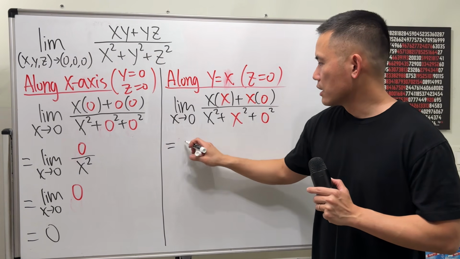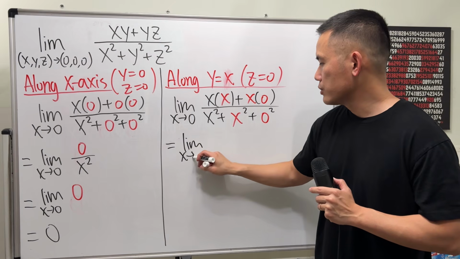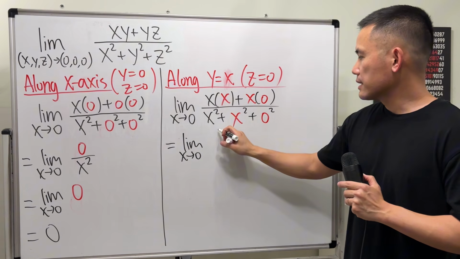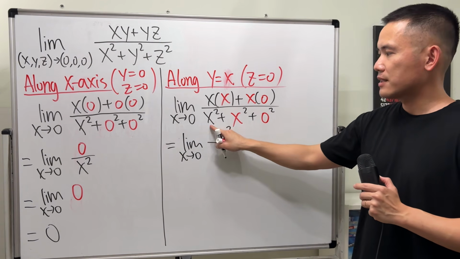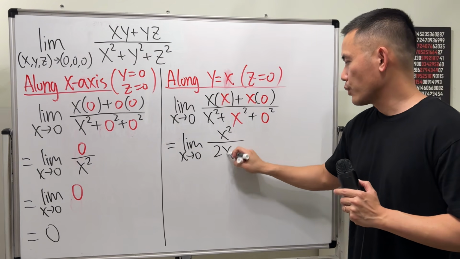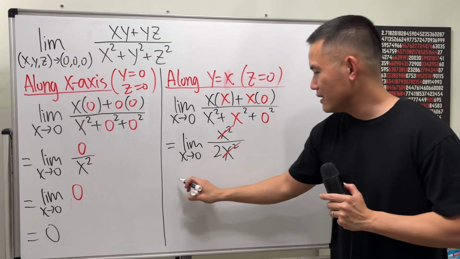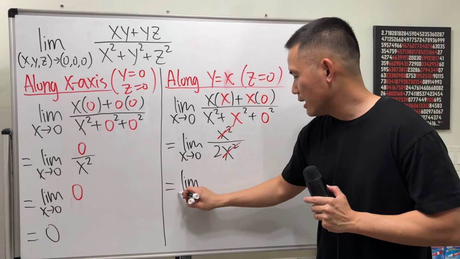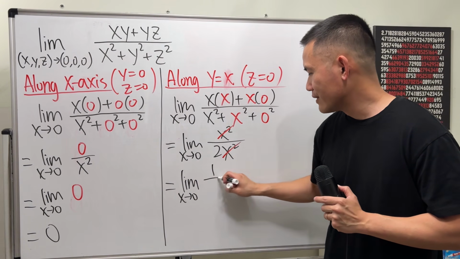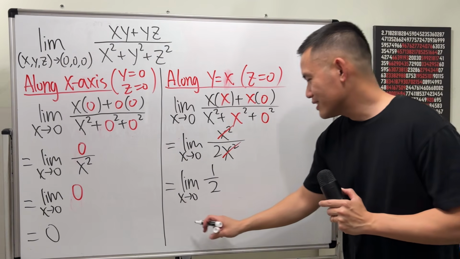Again, work this out carefully. This is the limit as x approaches 0. On the top is just x squared. On the bottom is x squared plus x squared, so we have 2x squared. You see that x squared cancels out very nicely. So that's just the limit as x approaches 0 of 1/2. Of course, the answer is just 1/2.